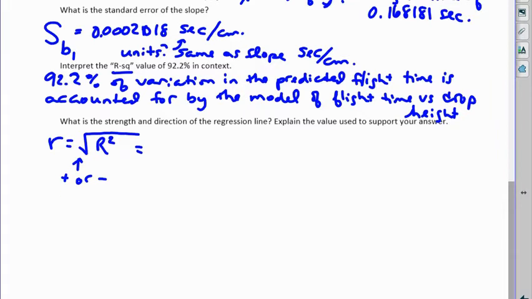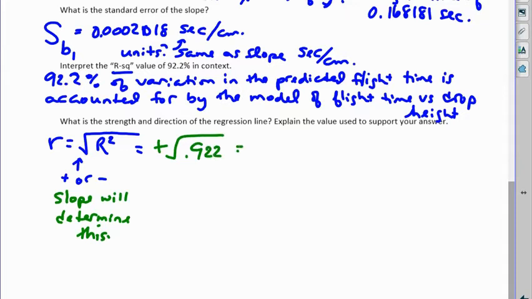Whether we call it positive or negative is determined by the slope. Was this increasing or decreasing? That will match your correlation coefficient. So the square root of 0.922 is 0.9602, and I'm going to call that positive because I had a positive slope.